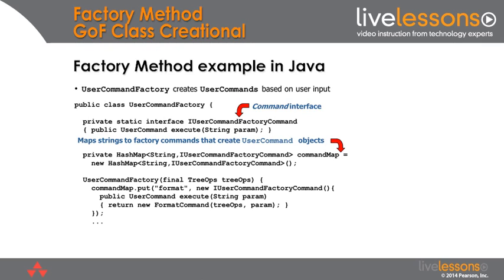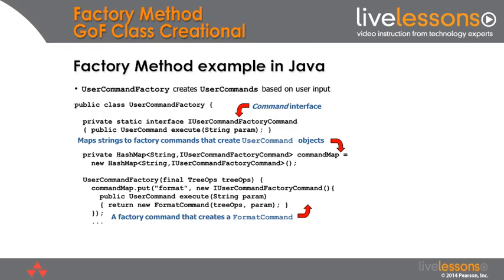We then have our constructor initialize this hash map. As we're showing here, for example, we put a new user command factory command implementation into the map under the name format. And as you can see, this anonymous inner class is essentially going to have an execute method that, when called, will return a new format command containing the parameters and the tree ops that it's going to be working on.